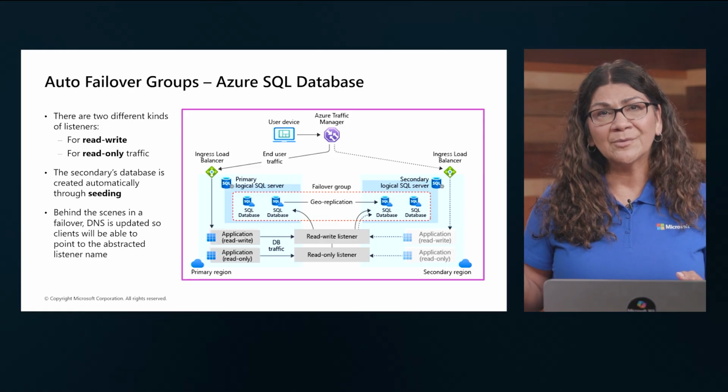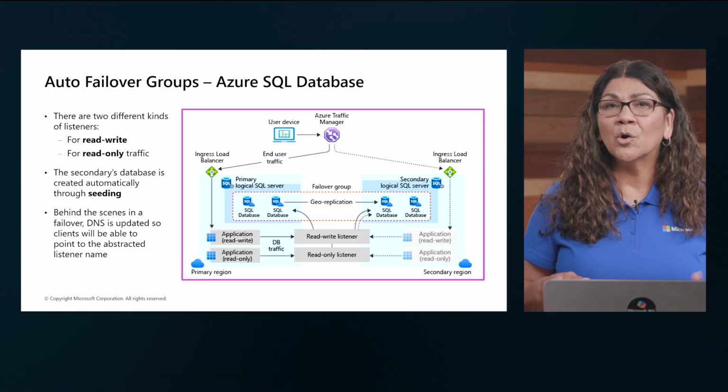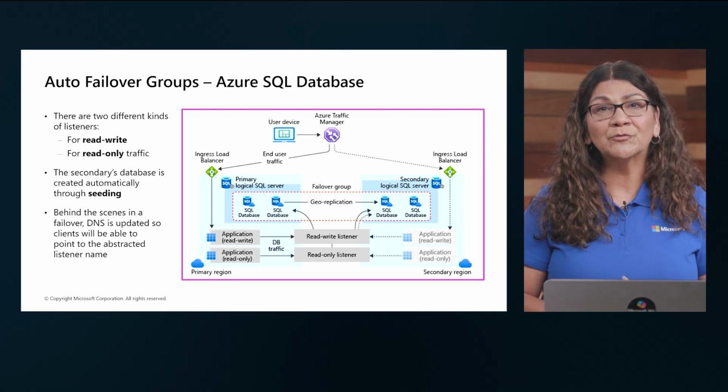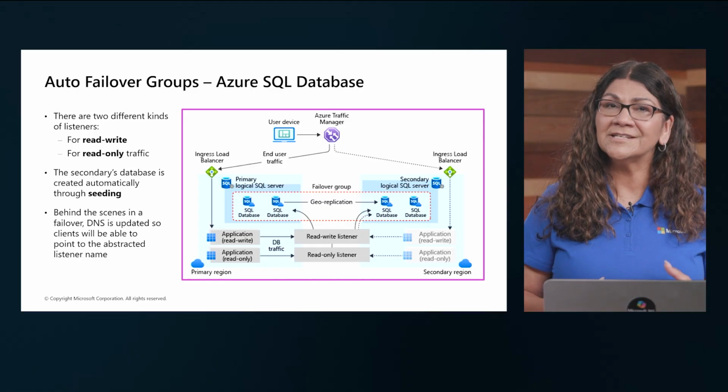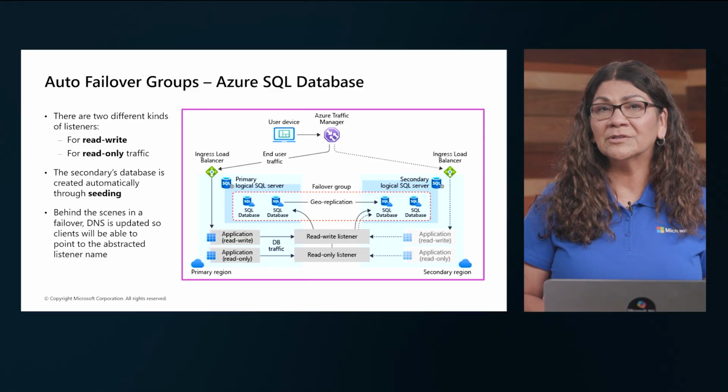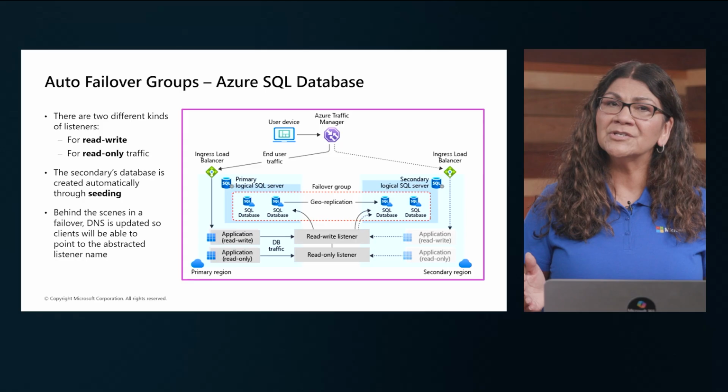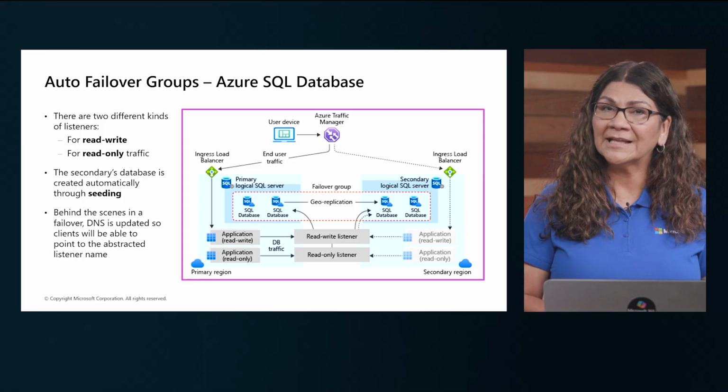You can choose automatic for seamless failover or read-only to manage performance post-failover. Auto failover groups ensure continuous availability and minimal downtime, which are essential for mission-critical apps in a modern cloud environment.